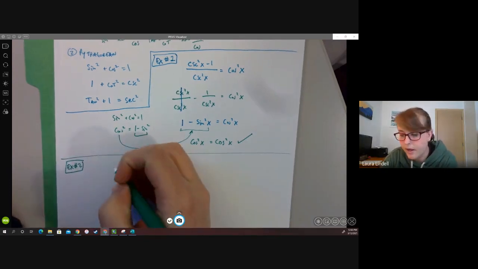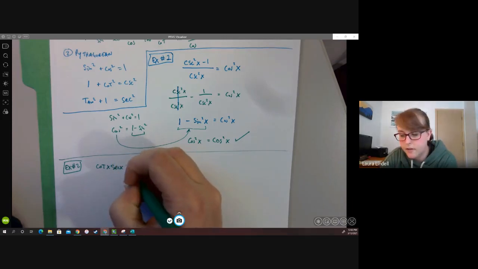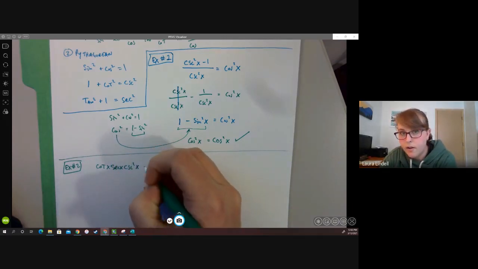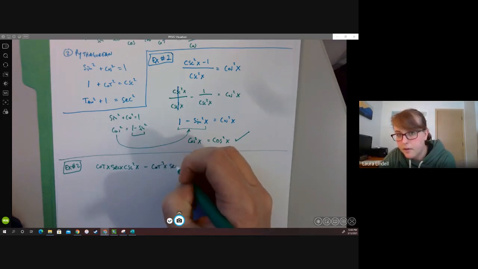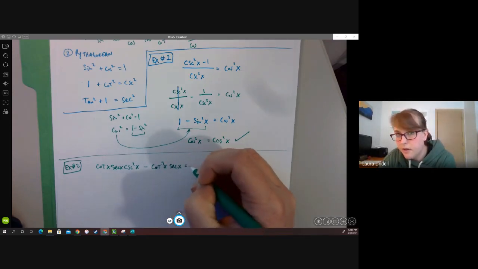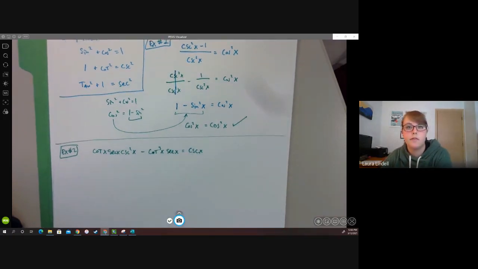This time we're going to have cotangent, secant, cosecant squared minus cotangent cubed, secant equals cosecant. All right.